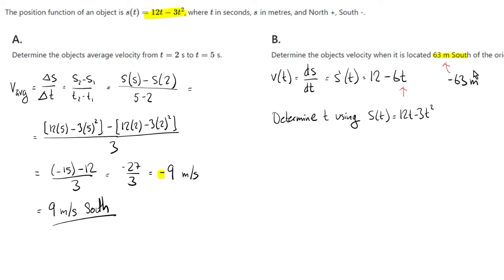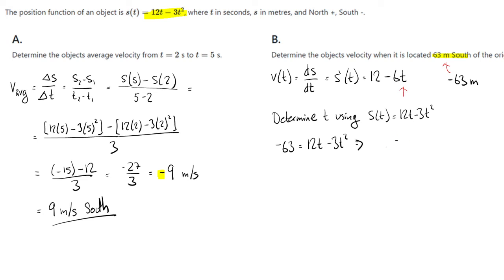So we can now replace the s of t with negative 63 and solve it for t. We want to move everything over to the same side.